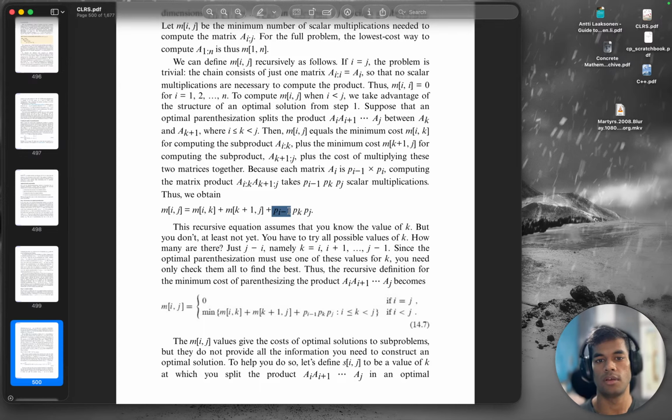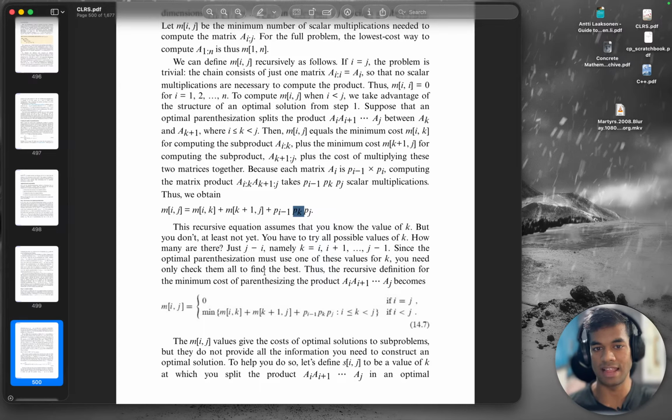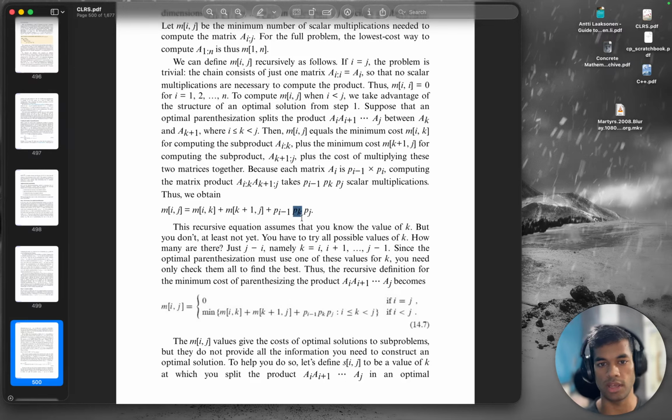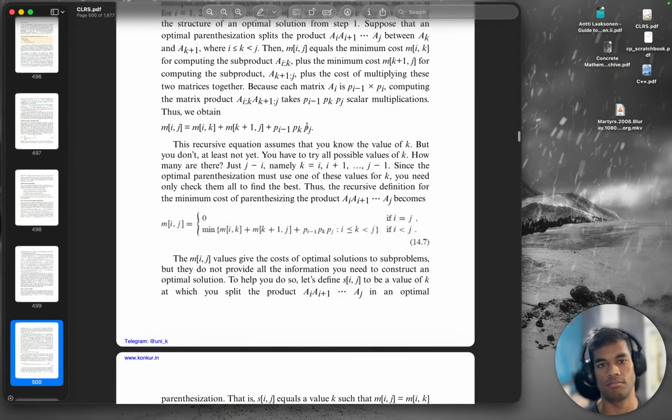That is the number of rows in the left matrix, p i minus 1, and the number of columns of the left matrix, which equals the number of rows of the right matrix, both equal to p k. And p j is the number of columns at the end of the right matrix.